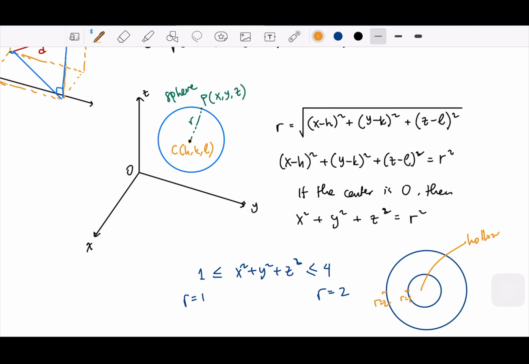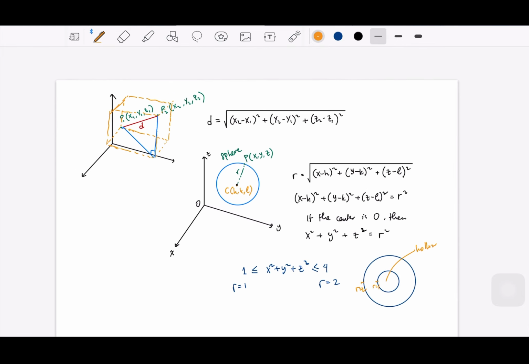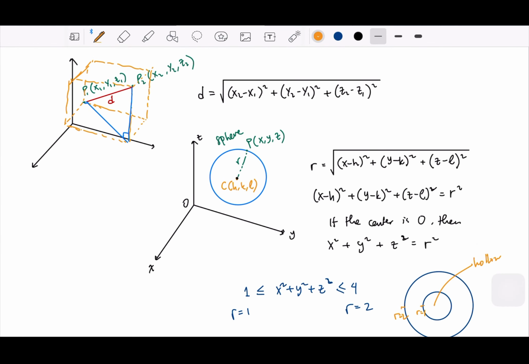Okay, that's the introduction of 3D space and how some formulas will also be available for 3D space.